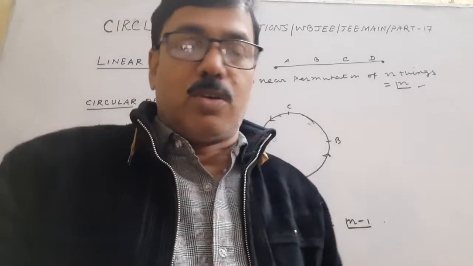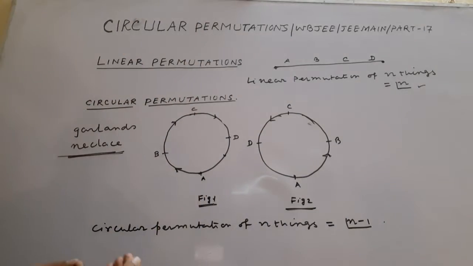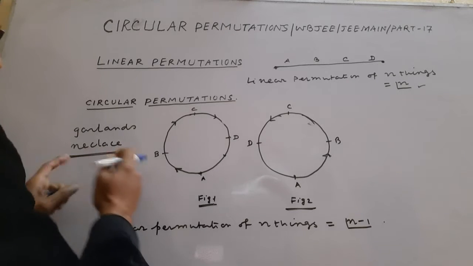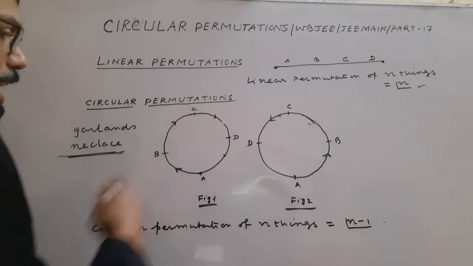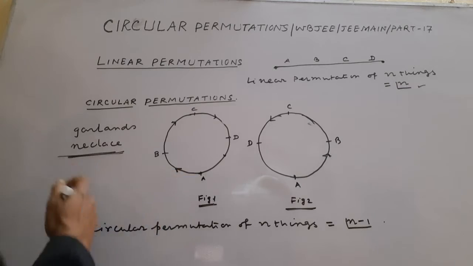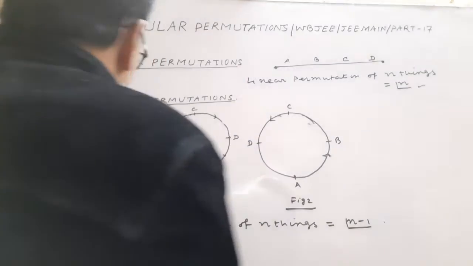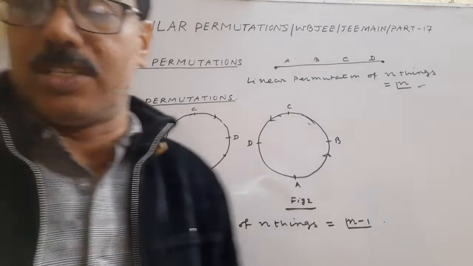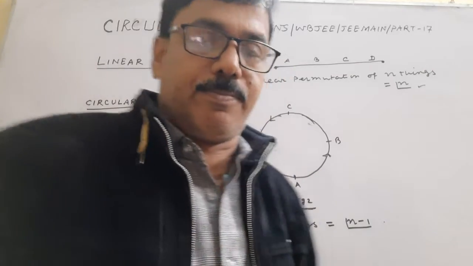Now if you turn over or reverse the garland, you get the same A, B, C, D in the same order. If you reverse it, the anti-clockwise and clockwise directions will be the same.